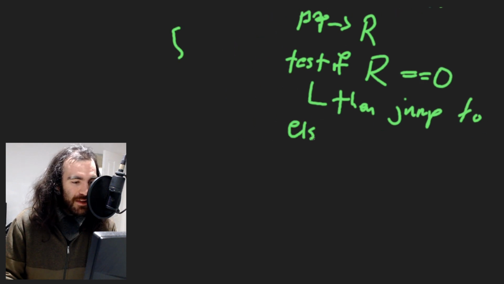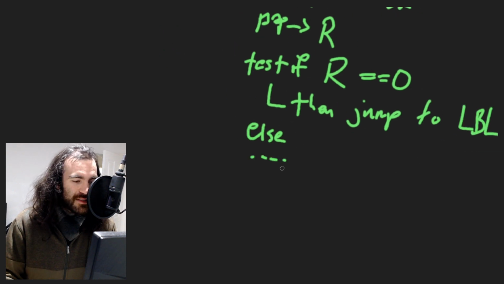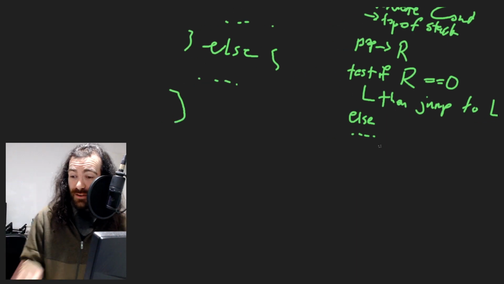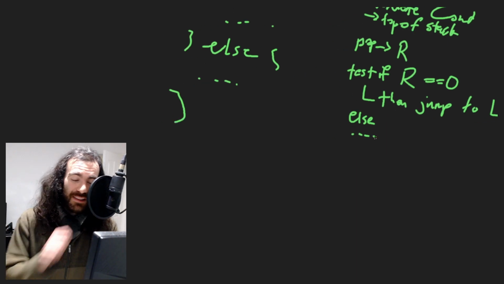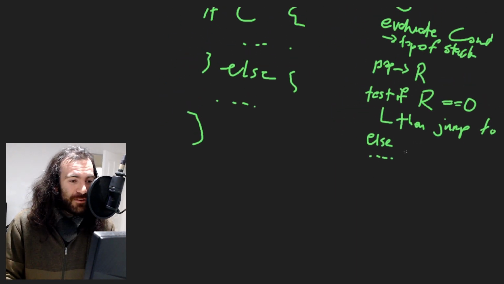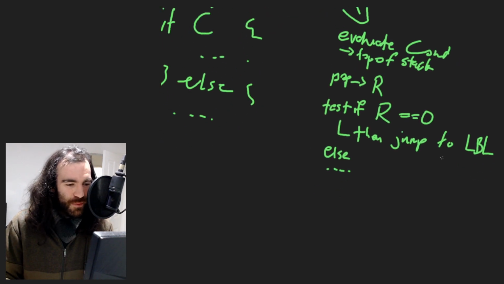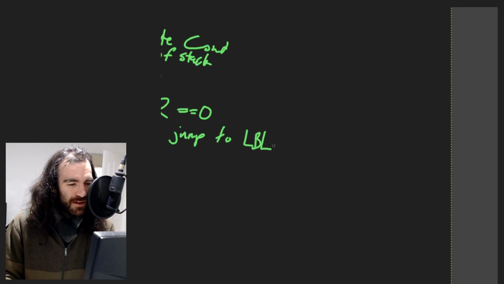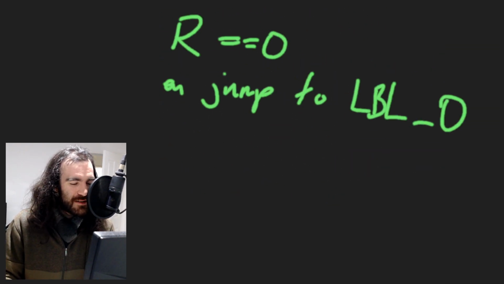Otherwise, stuff here, right? And this is a good way to do it, because this is the same regardless of whether we have an else body or not. Let's actually call this label 0.